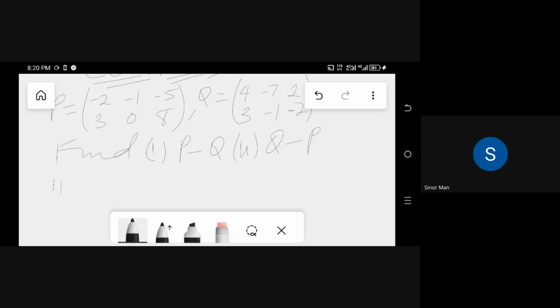Let's say number 3, find 2Q minus P. Then number 4, find P minus 2P.